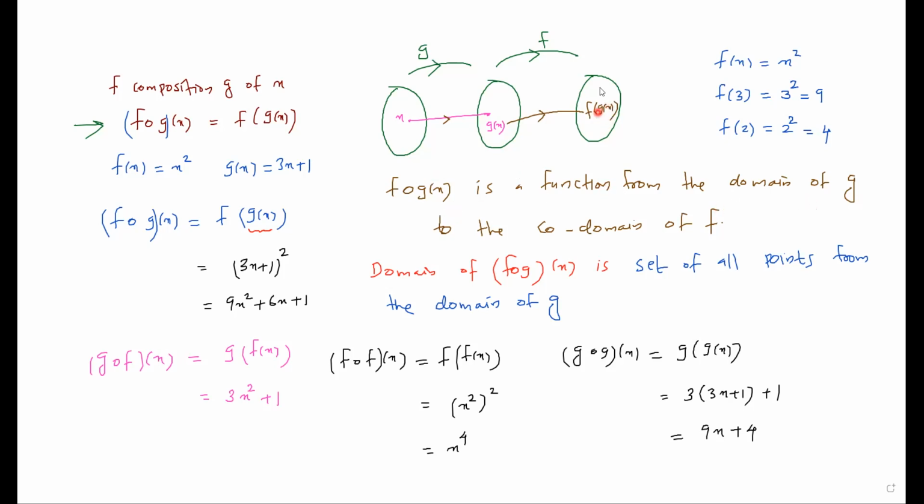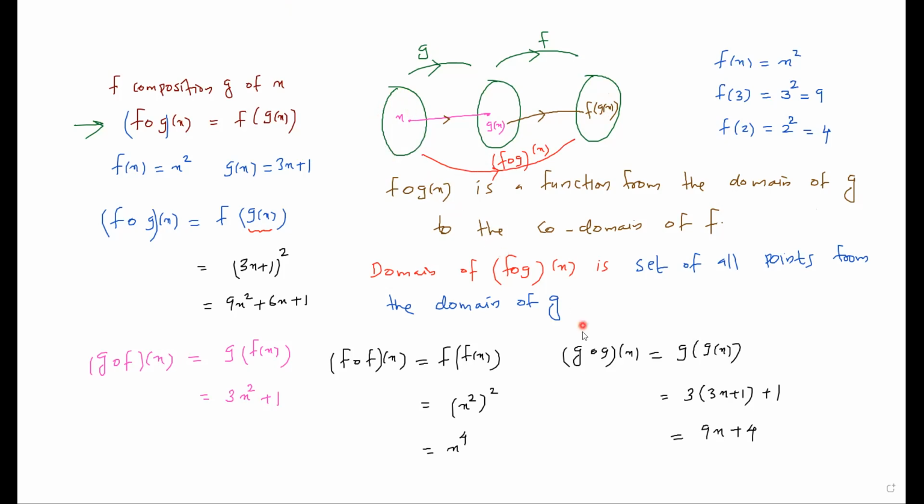Now I am going to find the domain of this f composition g. What you understand from here is, from here to here, this is f composition g that we understood. So of course the domain of f composition g will be here itself.